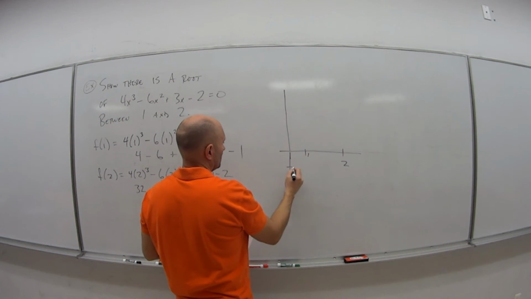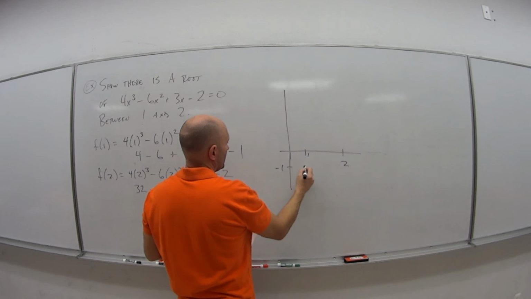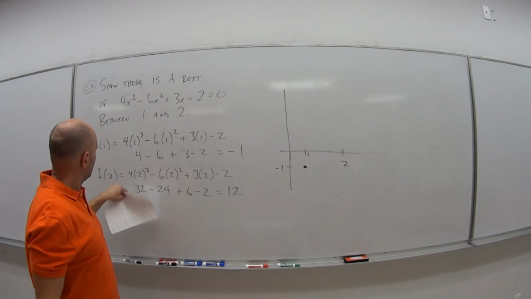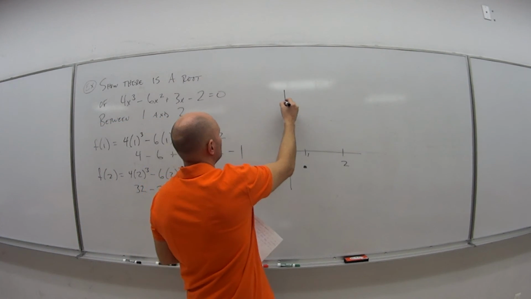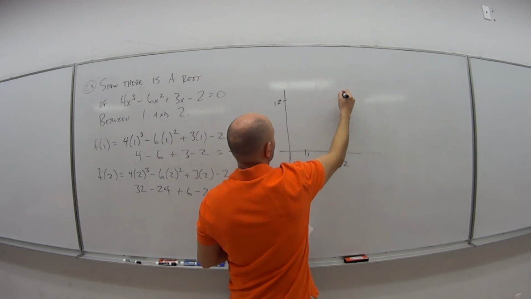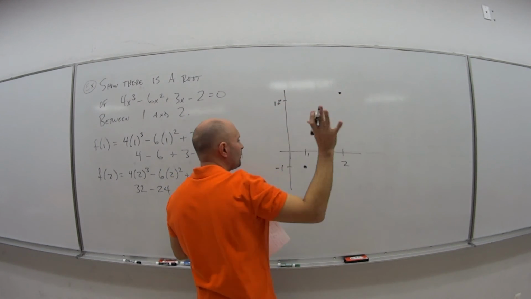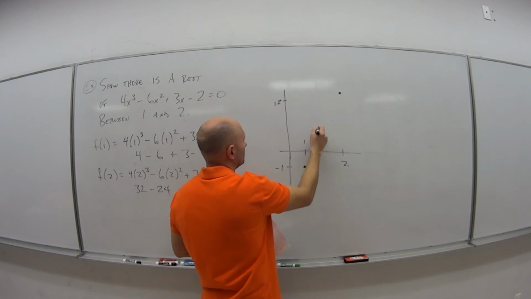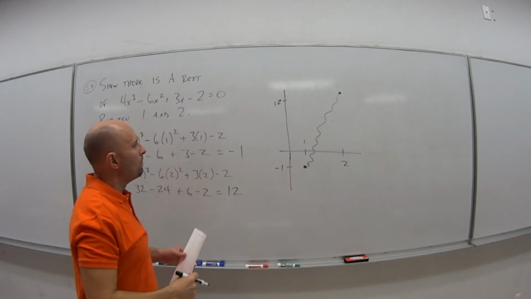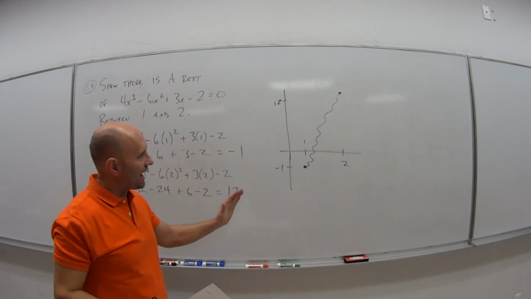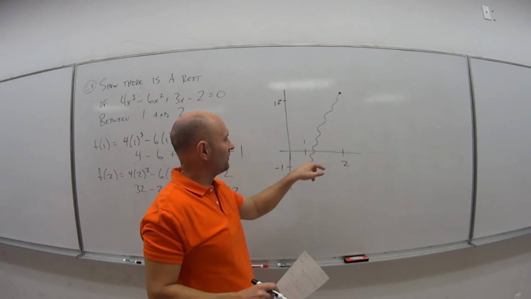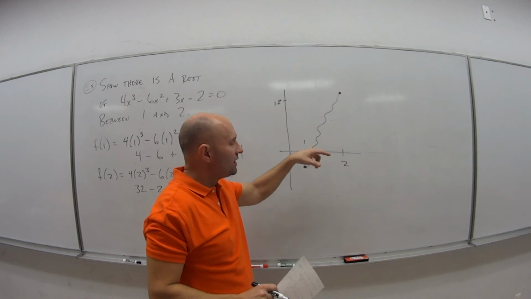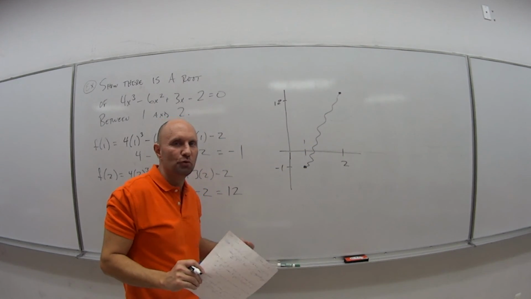So that's here. f of 2 is positive 12. So up here. So I don't know what happens in between here, but at some point it has to cross the x-axis to get from 1 to 2, which means there has to be a root there.